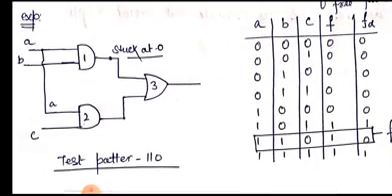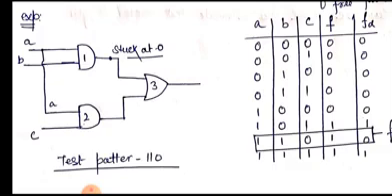The AND gate property is that if any input has a value 0, that is low, we will definitely get an output of 0. So A and B is the first trial we are checking.